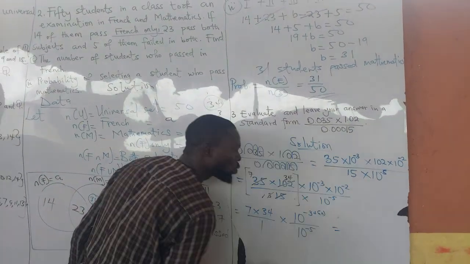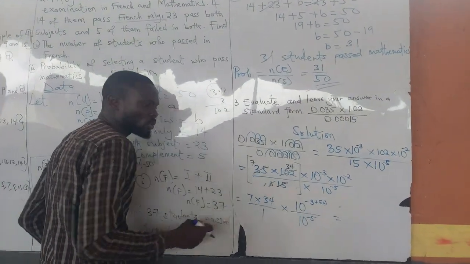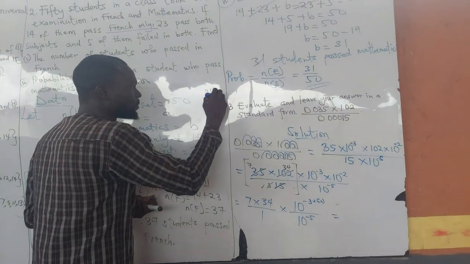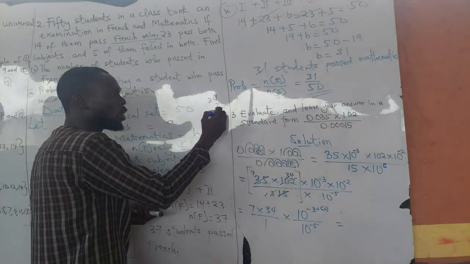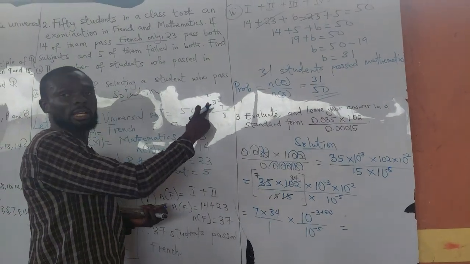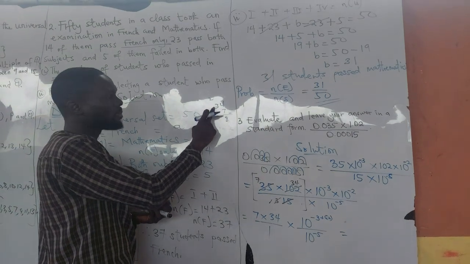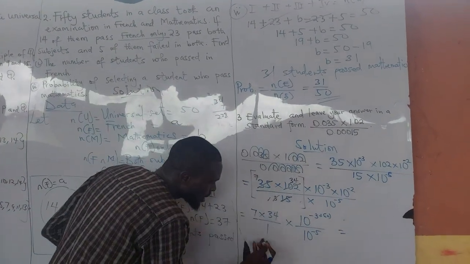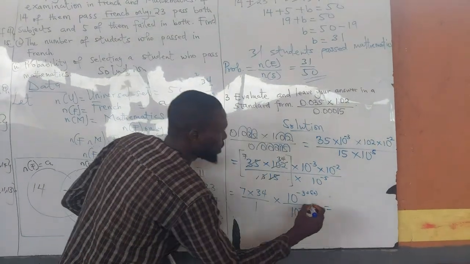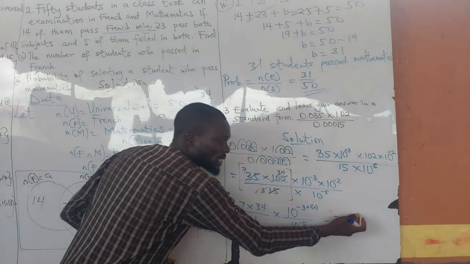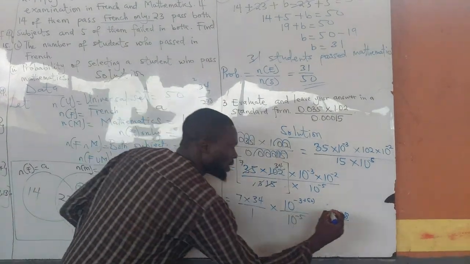Now let's multiply to get the result. 34 by 7: 7 times 4 is 28. Remember 2. 7 times 3 is 21, plus 2 gives you 23. So this gives me 238 over 1, which of course is the same as 238.